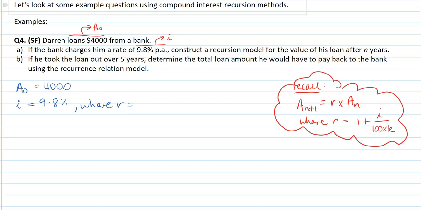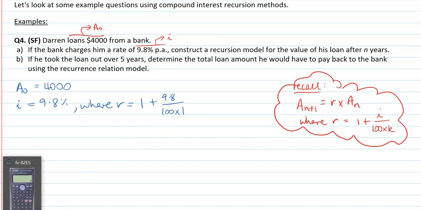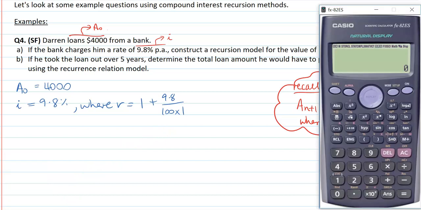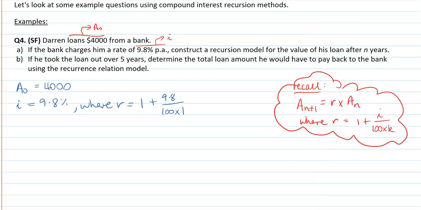And we need to work out our R, so we'll add 1 to the 9.8 over 100 by the fact that it will compound once. We'll go whack that in our calculator. That gives us an R value of 1.098. So that'll help us develop our recursion relation.